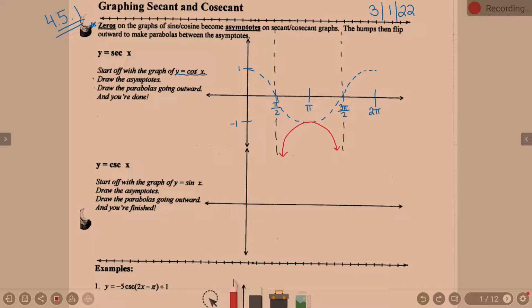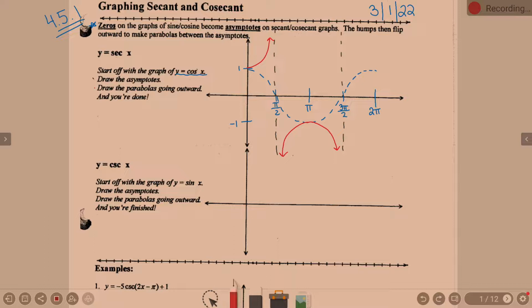Now, officially, if we go back here, I only started my graph at 0, didn't I? So officially, what I have right here is half of a hill. So when I flip that half of a hill up top, officially I have half of a parabola. Now, I might continue that and put the full parabola here in a moment. Do we have to draw that? Yeah, when you do a secant or cosecant curve, there's always going to be the equivalent of two parabolas.